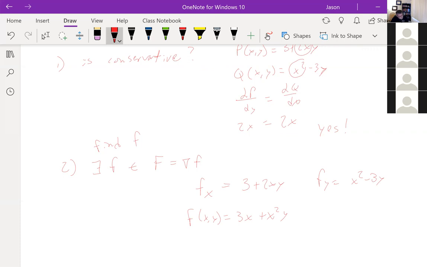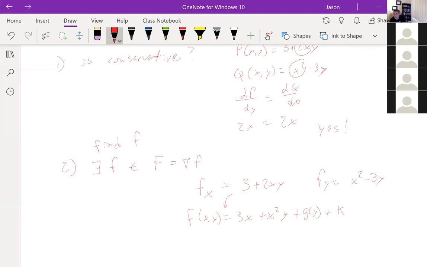Right? Integrate with respect to y. Plus, don't forget my constants here. Well, what could have been my constants? Well, my constants could be anything involving y and a constant. So I'm just going to say this is going to be g of y plus k.